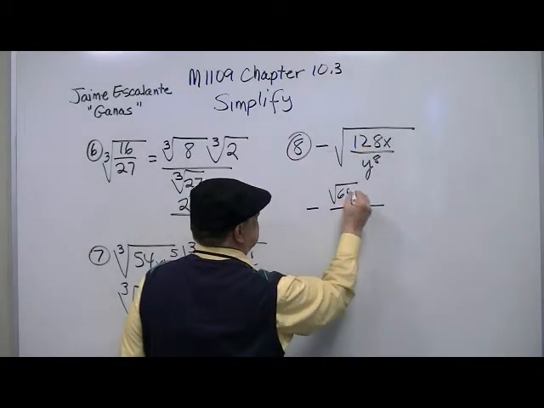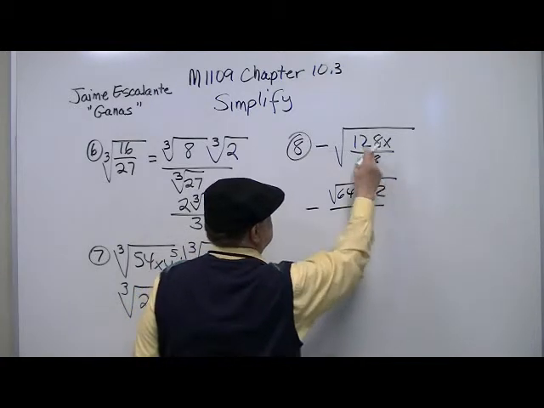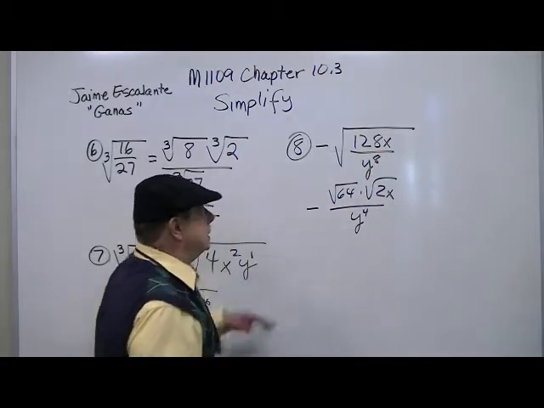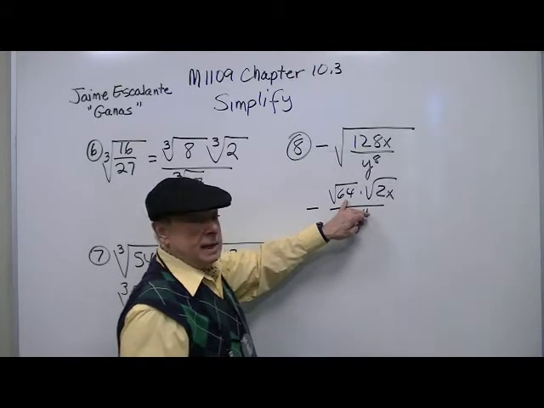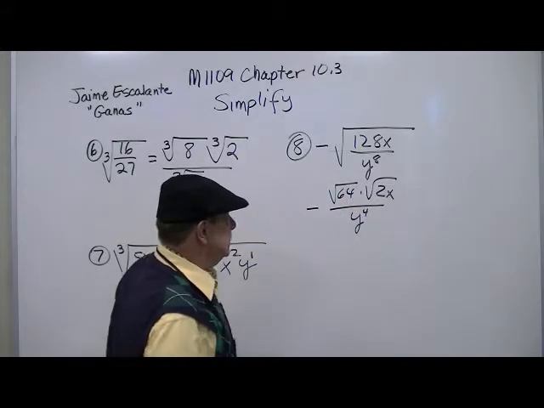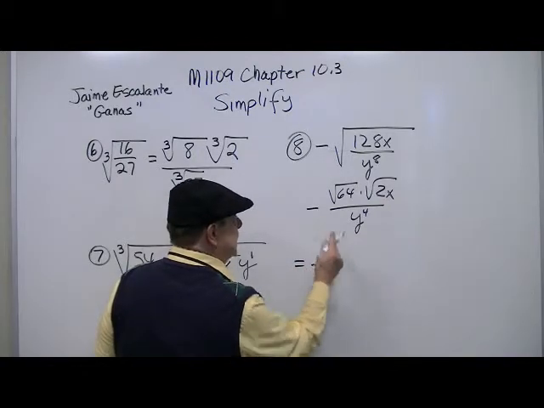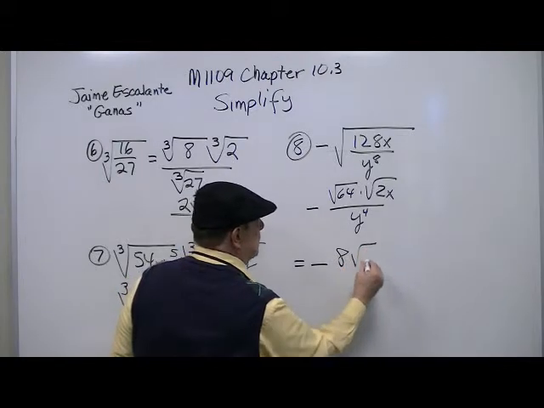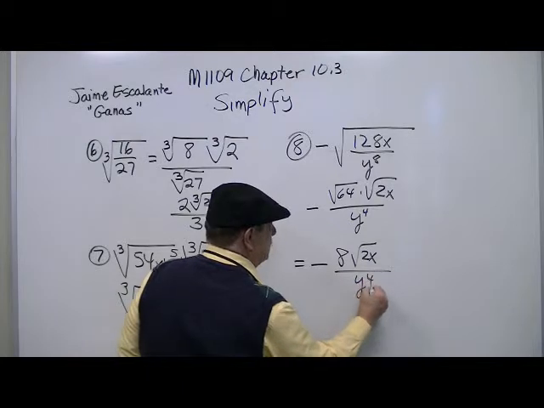That's going to be 64 times the square root of 2. Again, this times this gives me that, 2x. We're looking for a square root factor of that to isolate, so we can take the square root. So this then becomes a negative 8, the square root of 2x over y to the fourth.